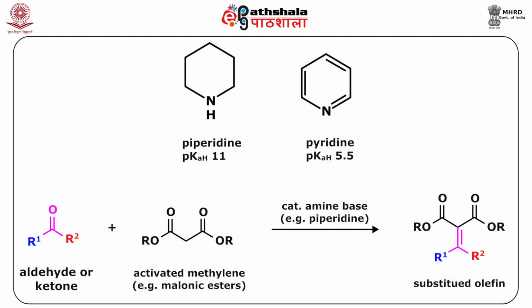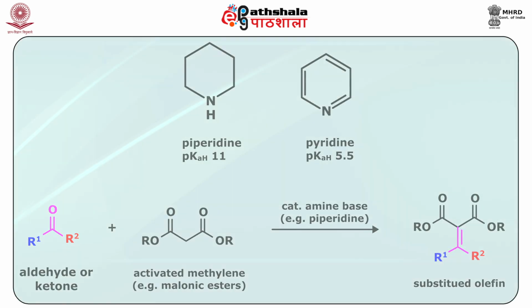This is done in the presence of bases like piperidine or pyridine and sometimes a mixture of piperidine and pyridine. You can look at the general reaction shown here. This is the aldehyde or ketone and this is the activated methylene, and then in the presence of these amine bases there will be combination and you will get this particular condensed product.